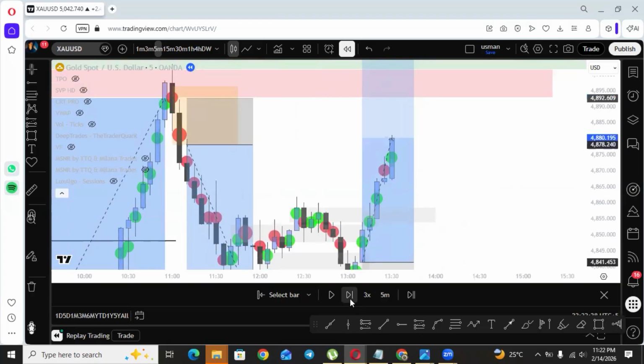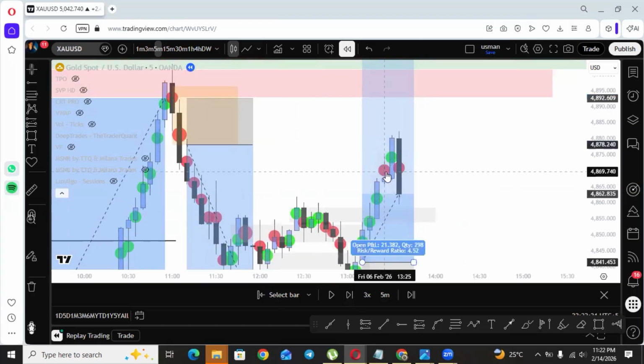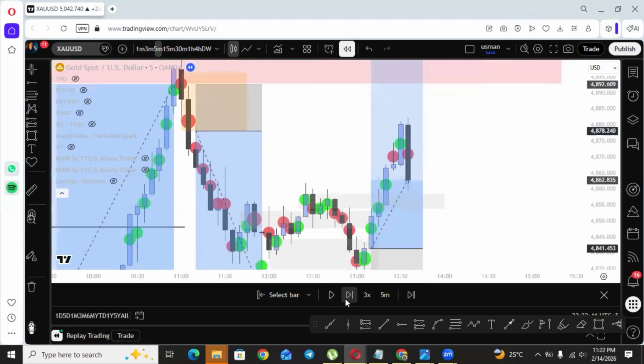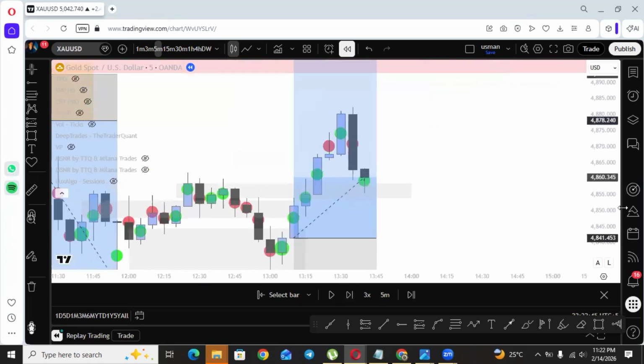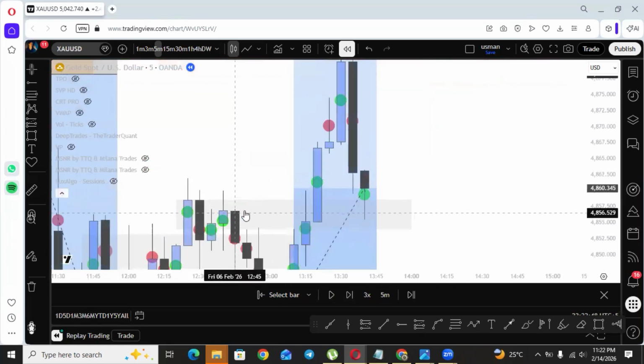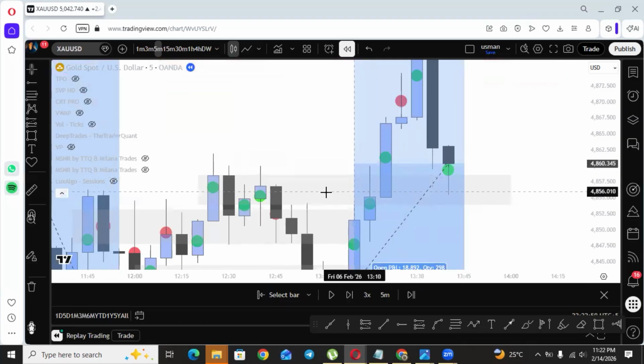Let's play the chart. Look, buyers again try to push up. Sellers again showed their aggression in this buy candle, but there was no follow through in the next candle. Then we got a retrace from the sell. Look what happened. They tapped into this level, and buyers showed their aggression in this sell candle.